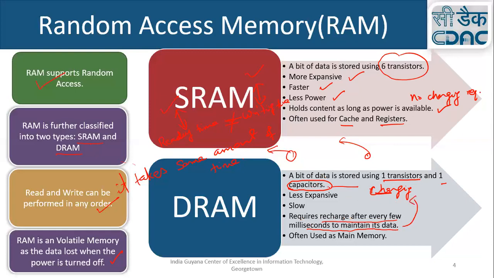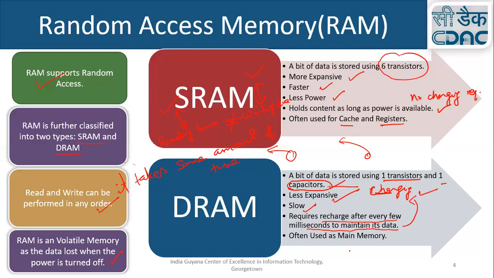The reason is the use of the capacitor. But what does it do? It makes it less expensive. But again, it's a slow memory, because you need charging at every short interval of time. That makes it slow.